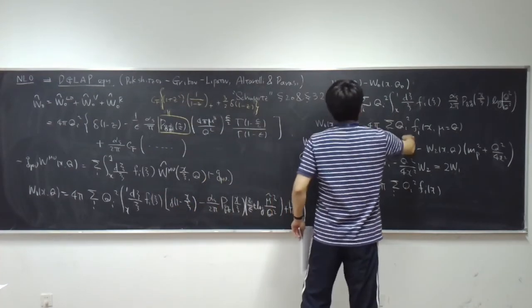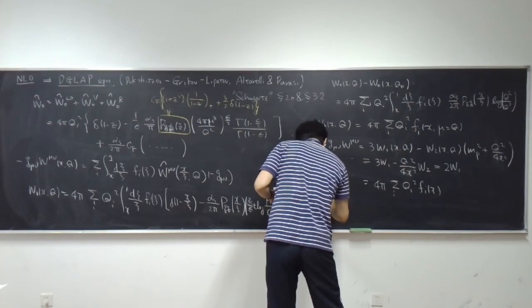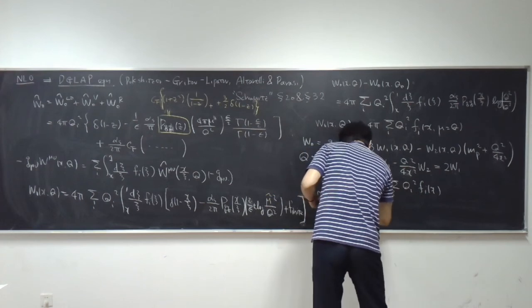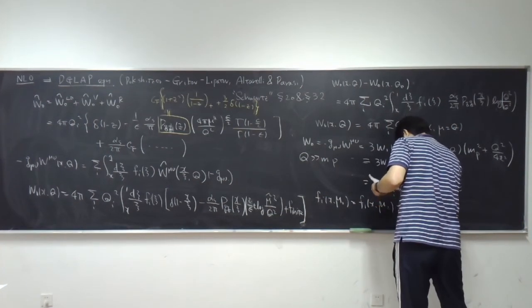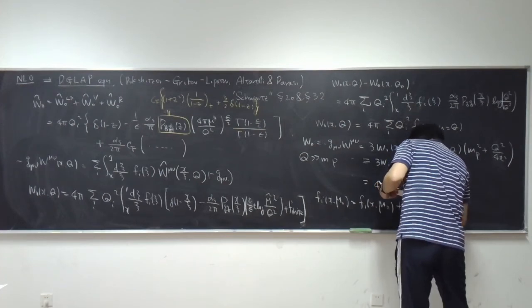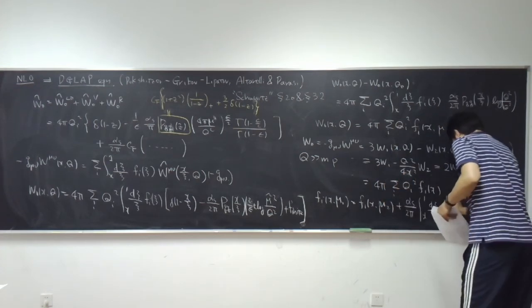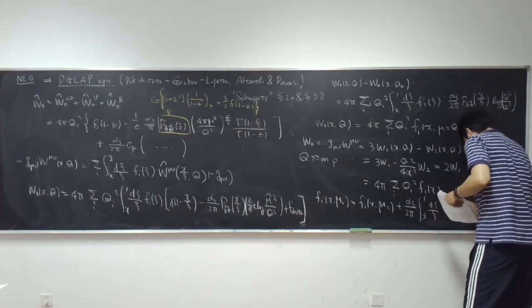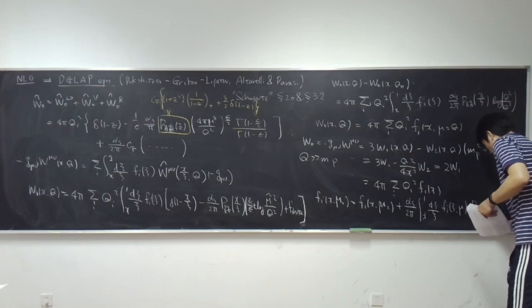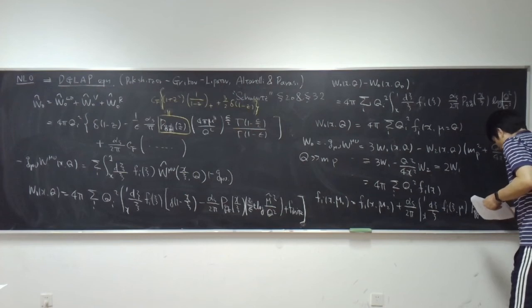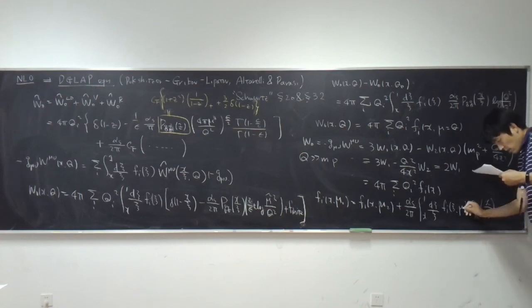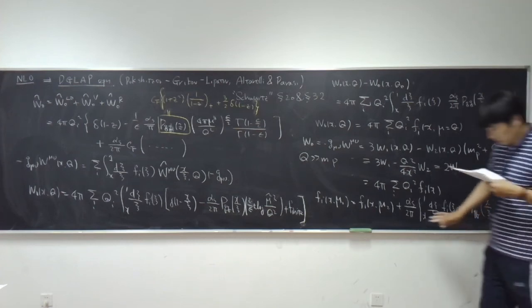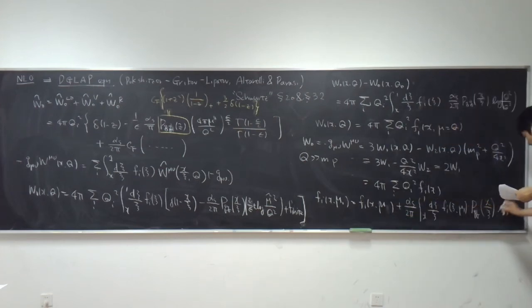So, using this and plugging it in here, what you will get is F_i(x, mu1) equal to F_i(x, mu2), and the mixing occurs, plus alpha s over 2 pi times the integral from x to 1 of dc over c, F_i(c, mu) P_qq(x over c), and the log dependence, log of mu1 squared over mu squared.